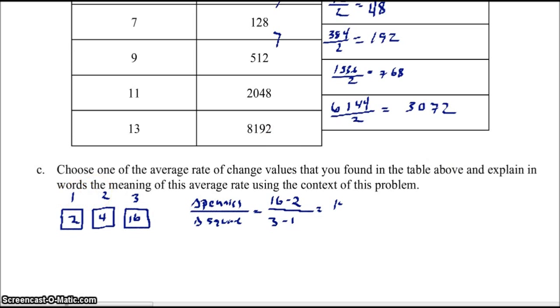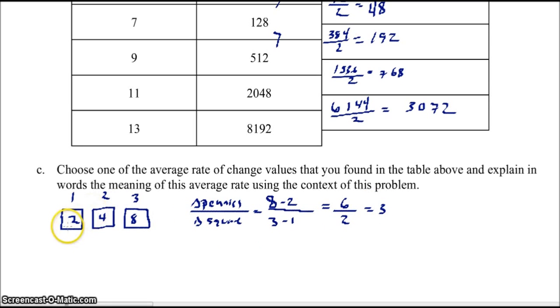Nope, that's not right, because square 3 we just had 8 pennies. Sorry about that. Okay, 8 minus 2, 6 over 2 is 3.